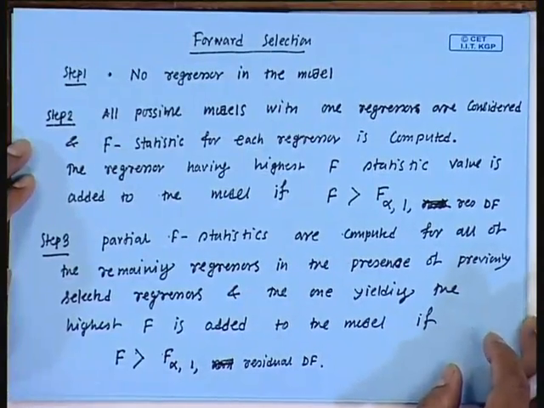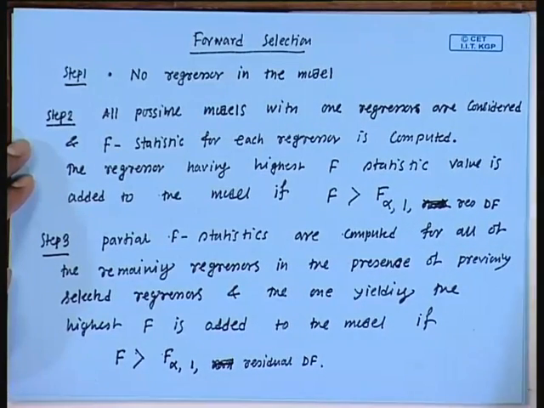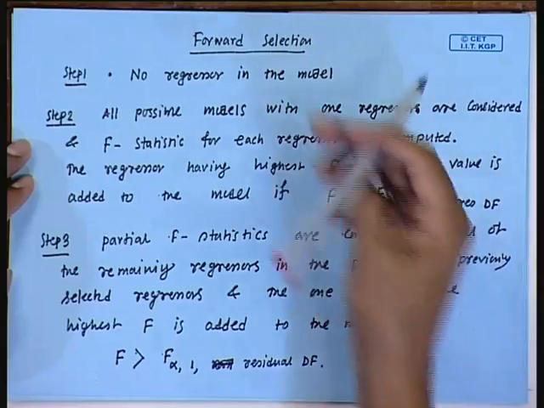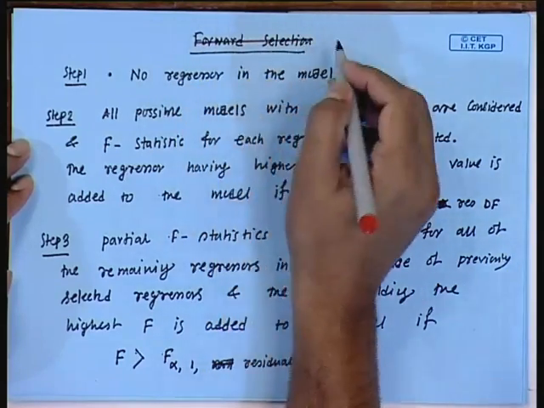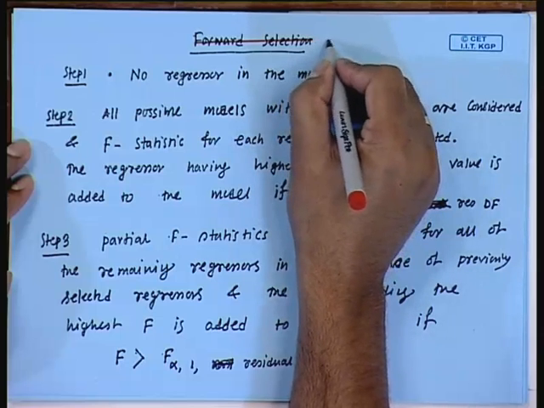Here also we start with no regressor in the model. This is very similar to the forward selection model. What I will do is just revise the forward selection algorithm and modify it for stepwise selection.